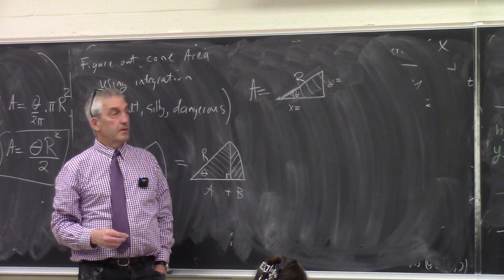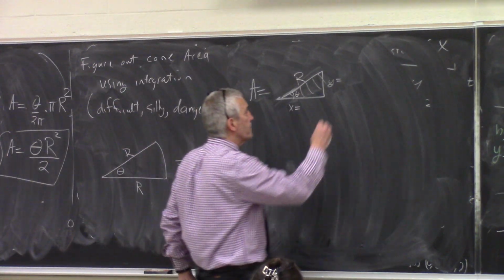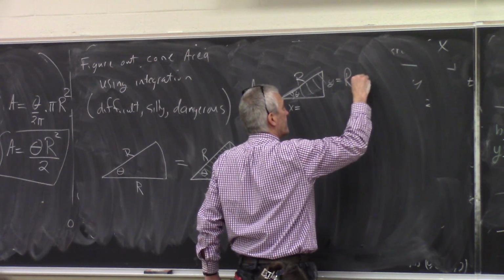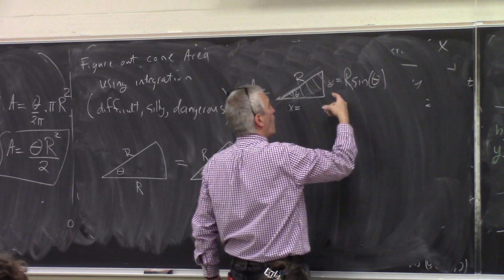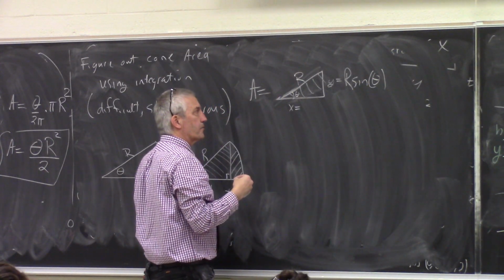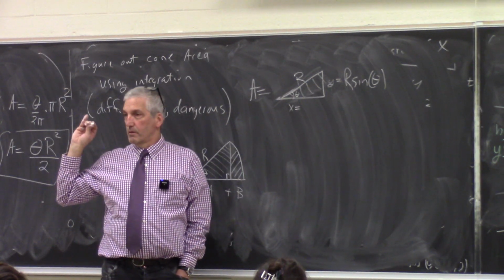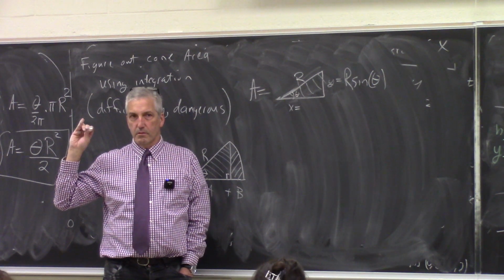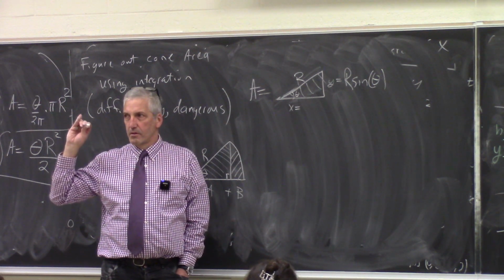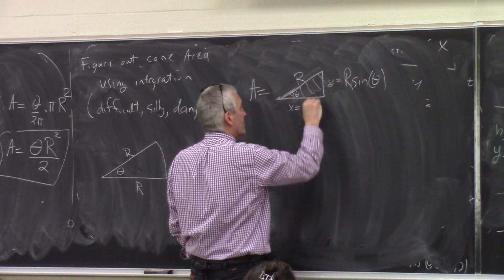William? R times the sine of theta? Yeah. Y equals r sine theta, because y over r is sine theta, so that means that y equals r sine theta. So somebody else, what's x? Some more hands up? Would be r cos theta? Yeah, r cos theta.